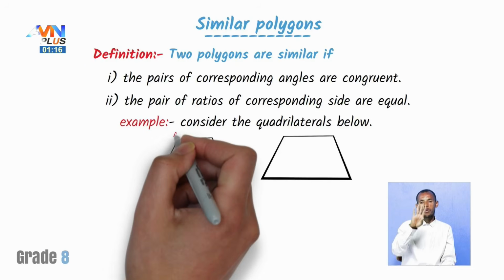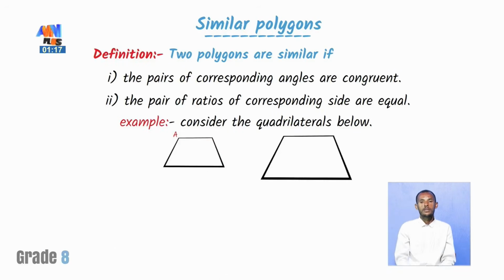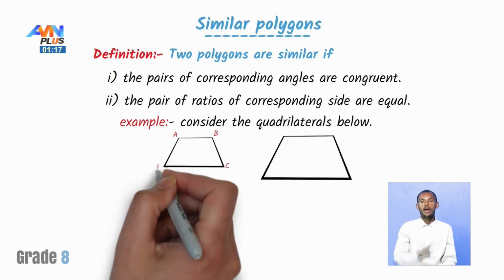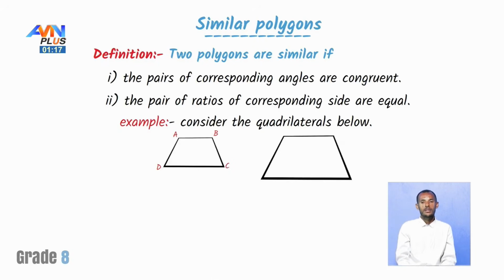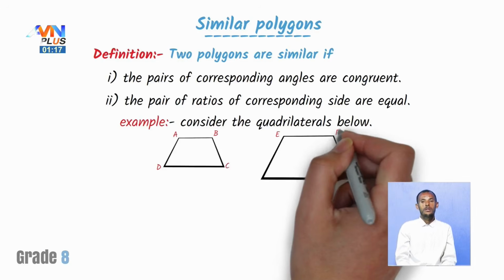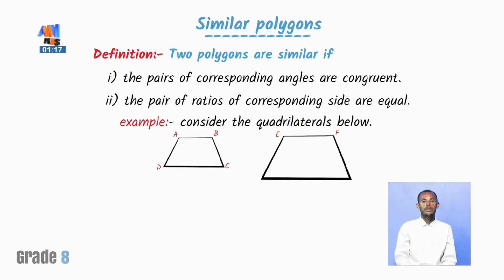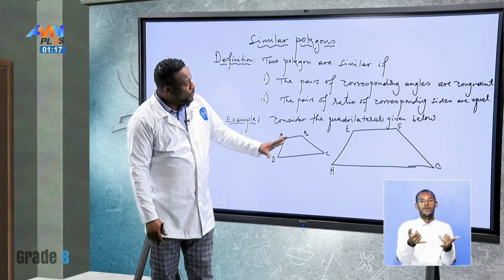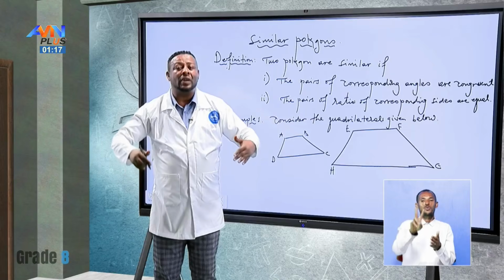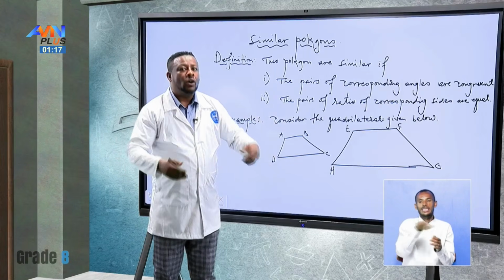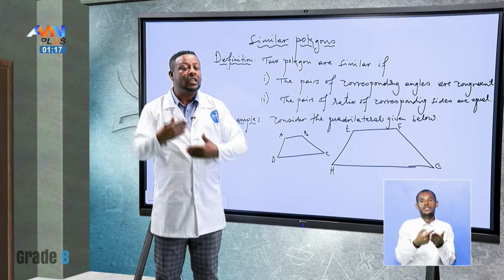So one of the quadrilaterals is a quadrilateral with vertices, say, A, B, C, D. And another quadrilateral with vertices E, F, G, H. Okay. Now these two quadrilaterals are similar.